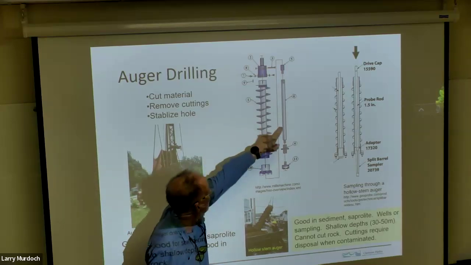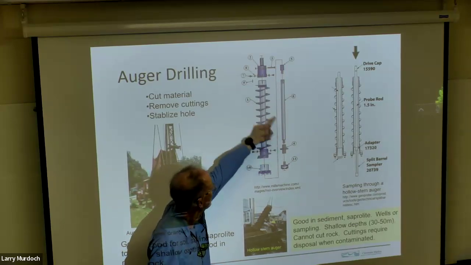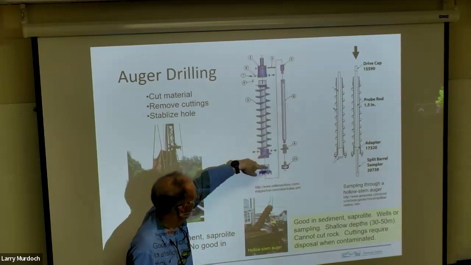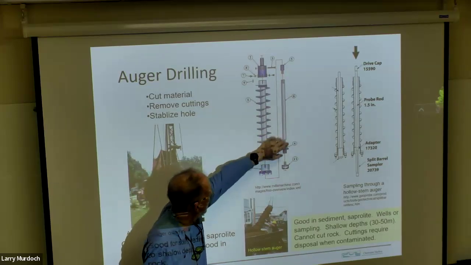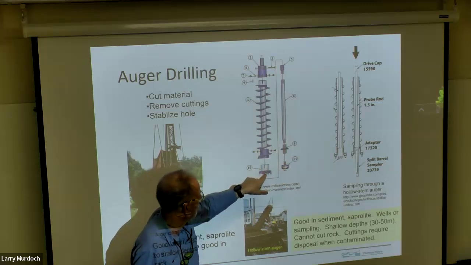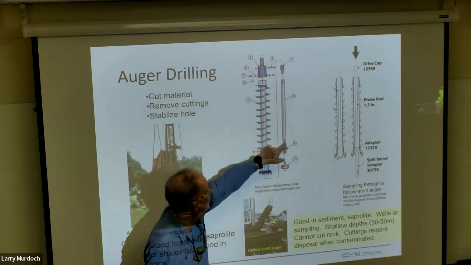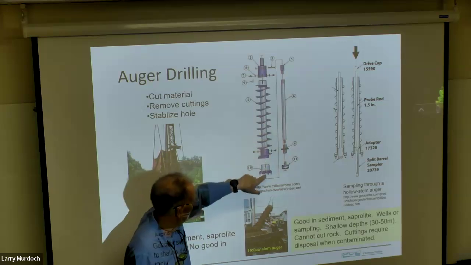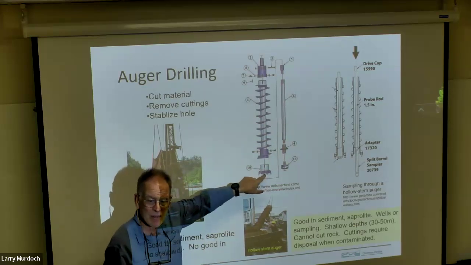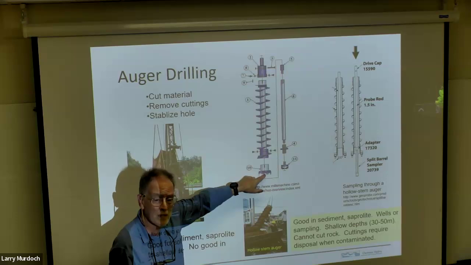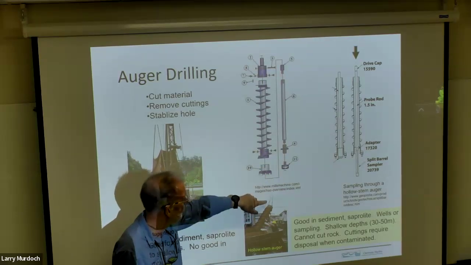So you have another piece here that can go inside. And then as you drill, this is inside and this is blocking the hole. But then you can pull this out, and the soil is exposed here at the bottom of this tube. So you can take a sample down through this.